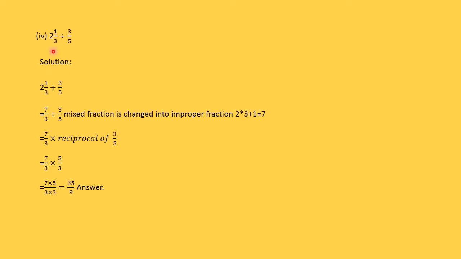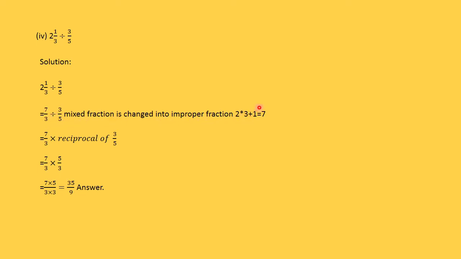Next question we have 2 1 upon 3 divided by 3 upon 5. Again we have got a mixed fraction. Whenever we get a mixed fraction, we have to change it into an improper fraction. Denominator into quotient plus remainder. 3 2s are 6 plus 1, so 7 upon 3. 7 upon 3 divided by 3 upon 5.